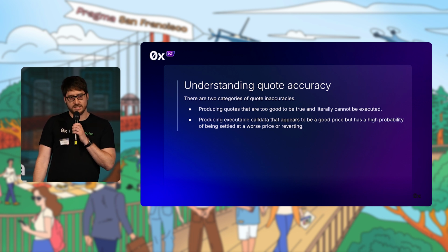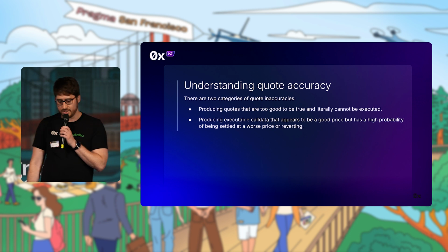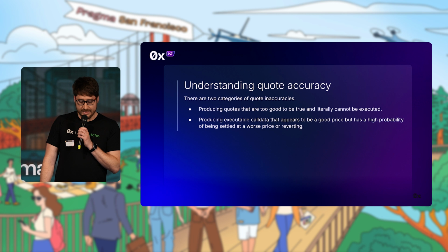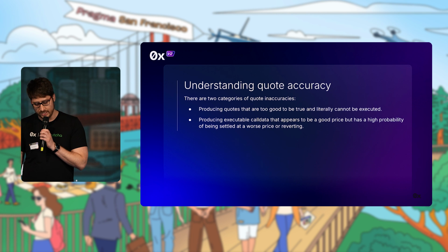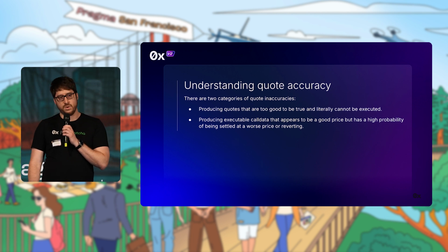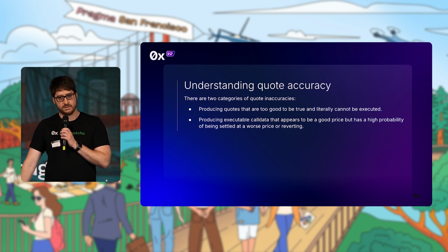Quote accuracy, this is more of a hidden problem. I feel like this is kind of the dark forest of DEX aggregation, because often users are getting, I would say, unintentionally deceived. So there are kind of two categories of quote inaccuracies. One is you produce quotes that are too good to be true.